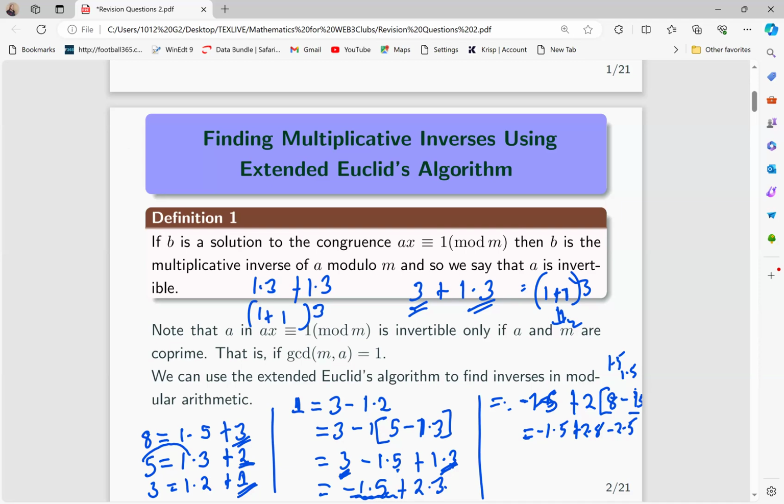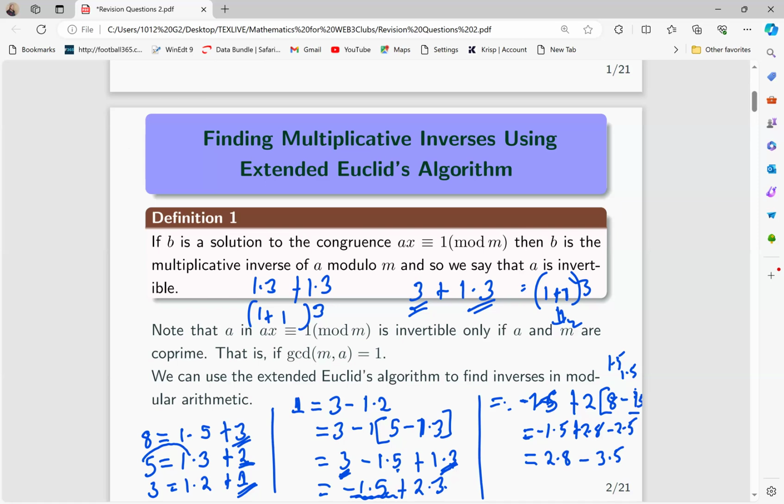Now, at this point, what we get is 2 multiplied by 8 minus 3 multiplied by 5. We've arrived at the answer we wanted. We began by seeking the inverse of 5.